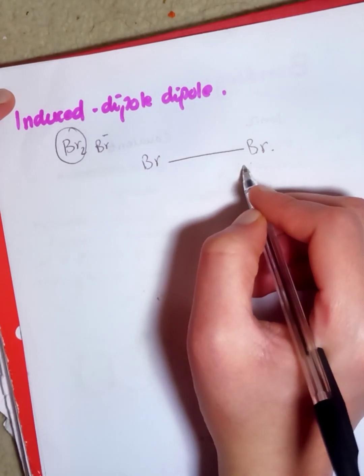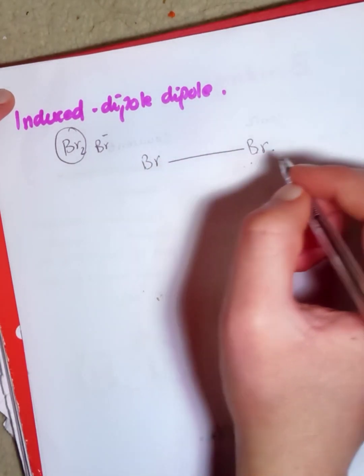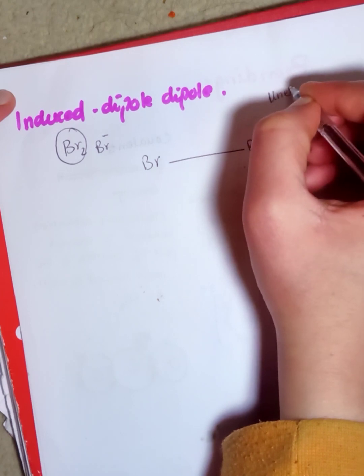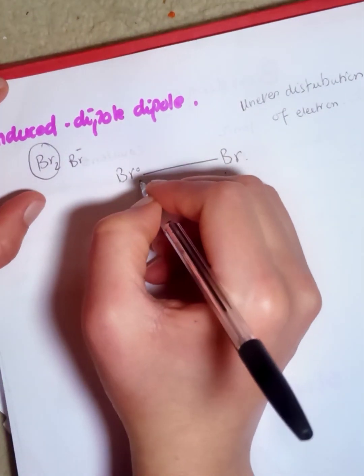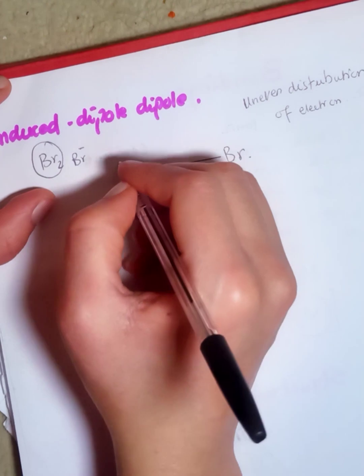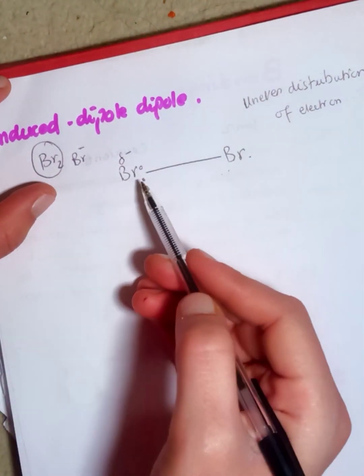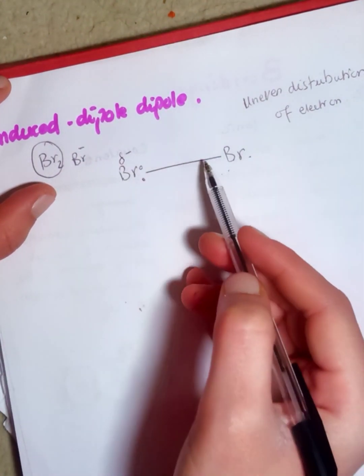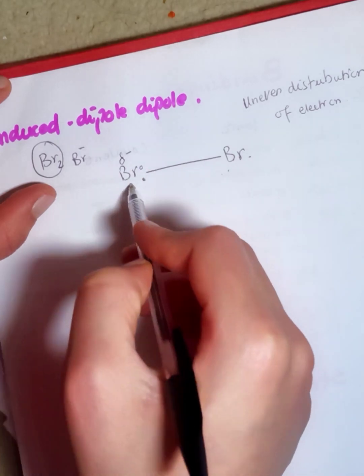Sometimes the electrons get an uneven distribution. Uneven distribution of electrons gives us a slight negative charge on one bromine atom, because most of the electrons have shifted to this side of the bromine.